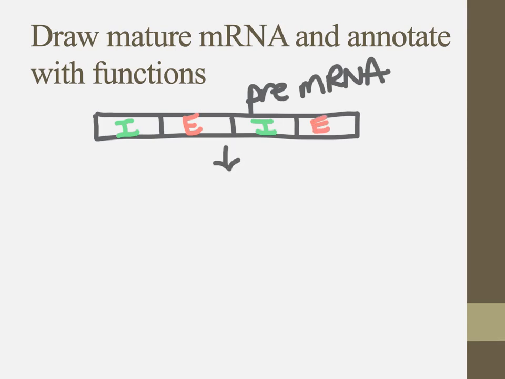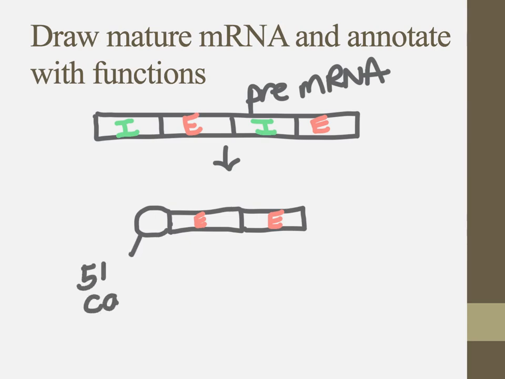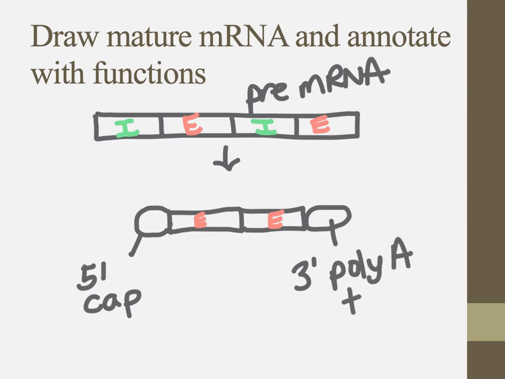I know that after post-transcriptional modification, only my exons are going to be left. Remember, that's the job of the spliceosomes. And onto these exons, I'm going to add what's called a 5' cap, because that's the 5' end. And I'm going to add in a 3' poly A tail.